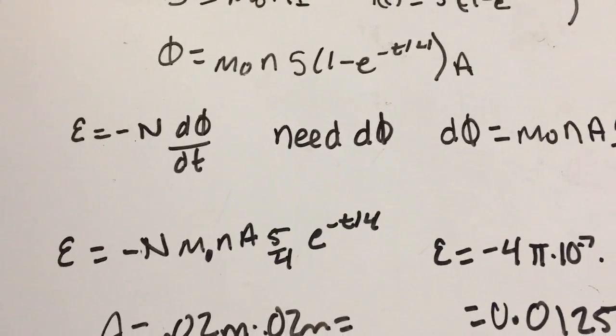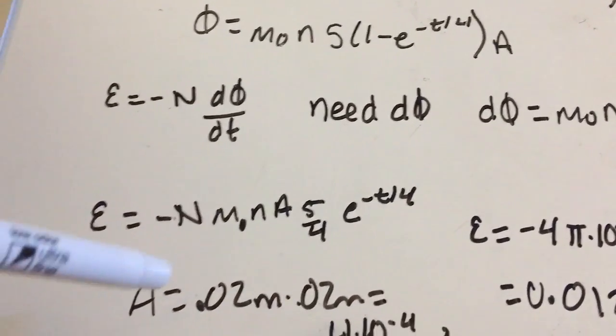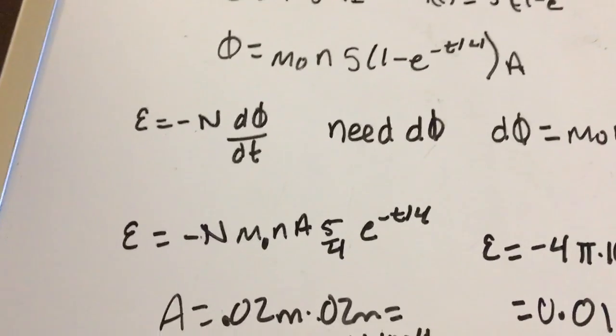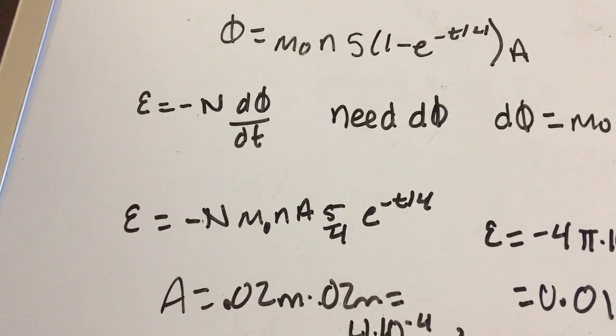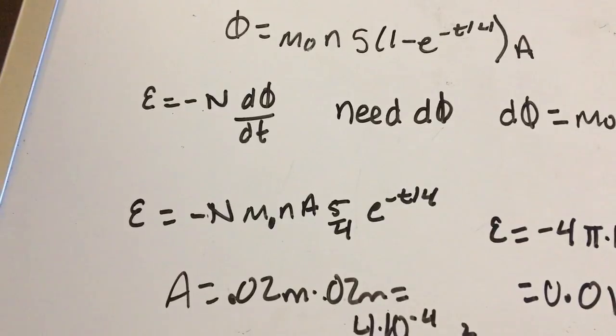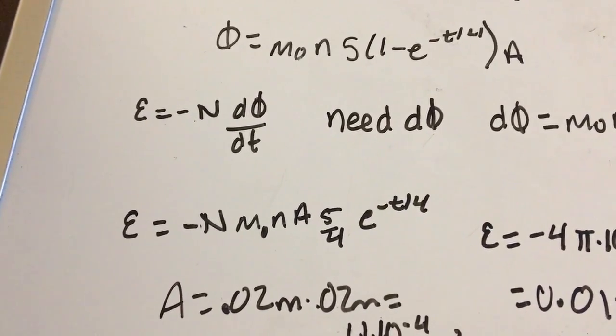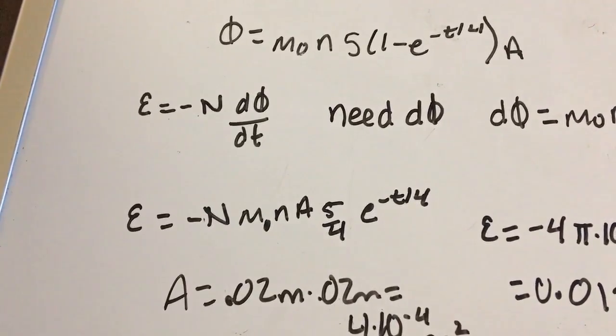The big N is equal to the number of turns in the wire, and the little n is equal to the turns per meter.